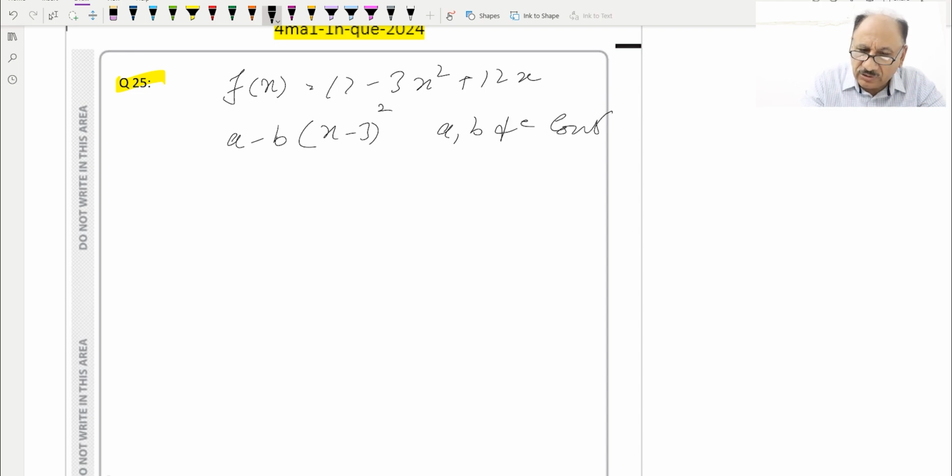So these are constants. Now f of x is equal to, we will arrange, minus 3x square plus 12x plus 17, and then minus 3 will be taken common, completing the square.